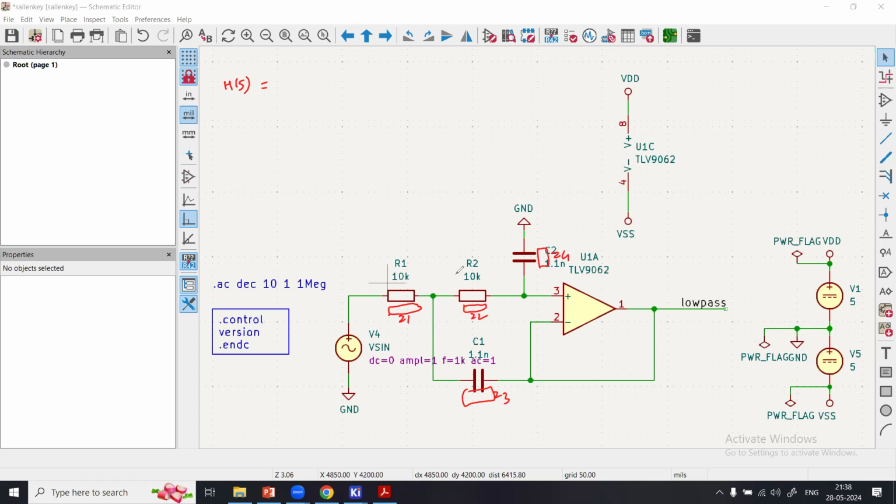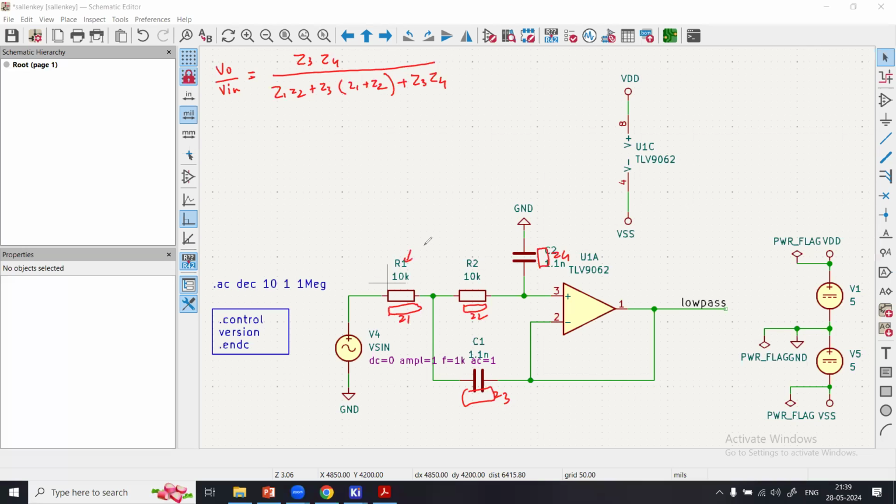For that, you can say that VO over V in, which is like a transfer function, can be written as Z3 Z4 divided by Z1 Z2 plus Z3 (Z1 plus Z2), plus Z3 Z4. So this is the transfer function or the voltage gain expression of the generic filter topology.